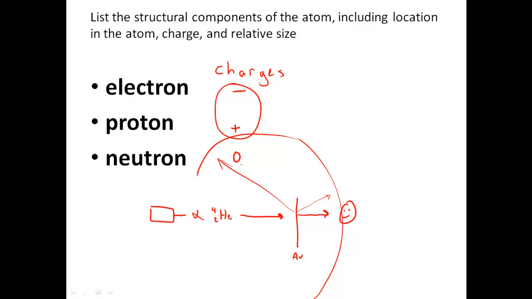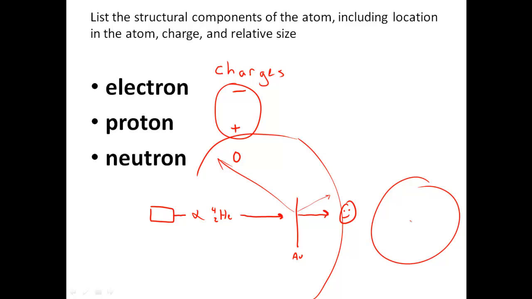And this led Ernest Rutherford and his crew to decide that the atom had a very dense positive nucleus, and that's where most of the mass of the atom was located.